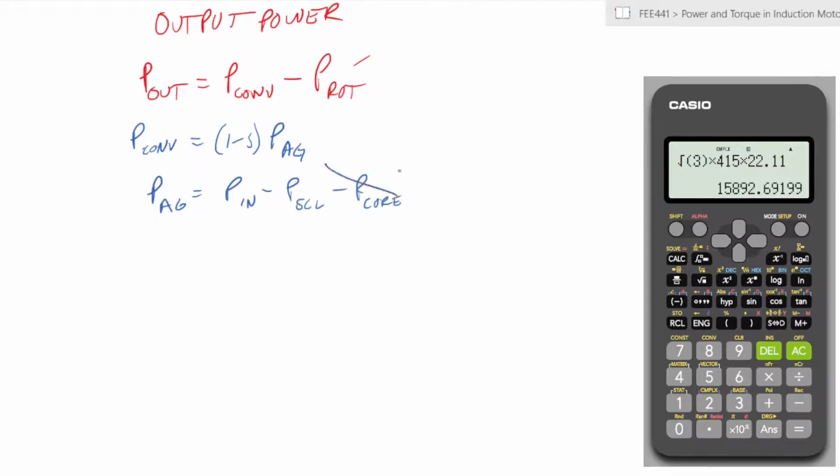But remember, core losses have already been factored into your rotational losses, so they will be factored in at this stage. So now we can say input power minus stator copper losses. We know input power, and we need to know our stator copper losses.